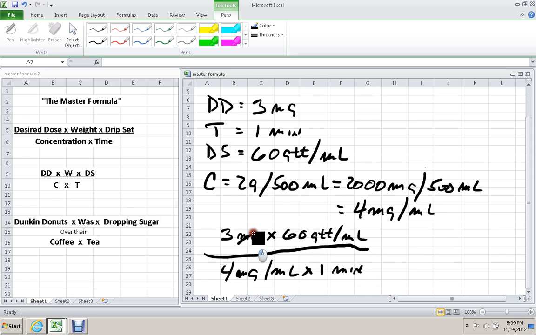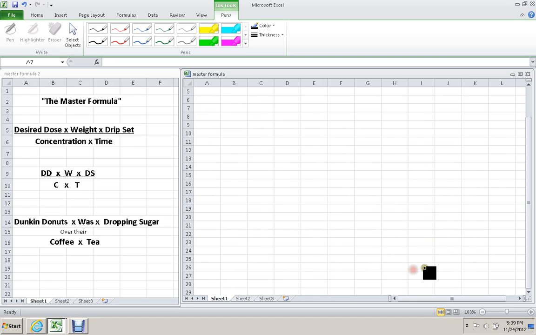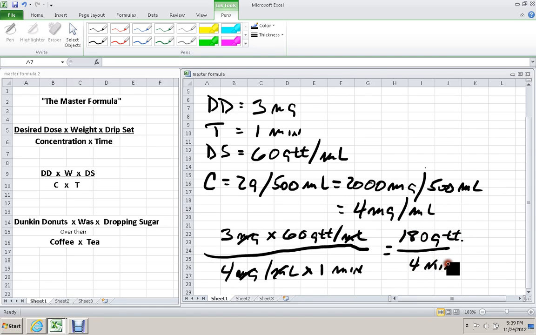There are some things that cross off. The milliliters cross off, the milligrams cross off. What we end up with is 180 drops over 4 minutes, which is equal to 37 and a half if I do the arithmetic, so we round up to 38 drops per minute.